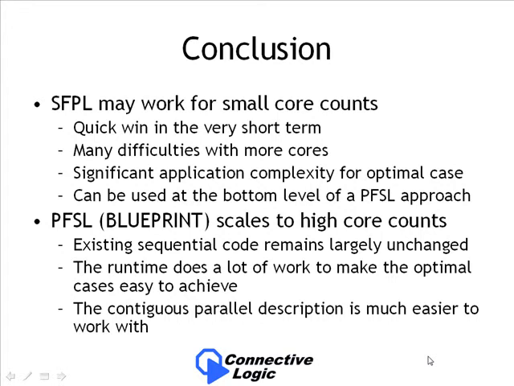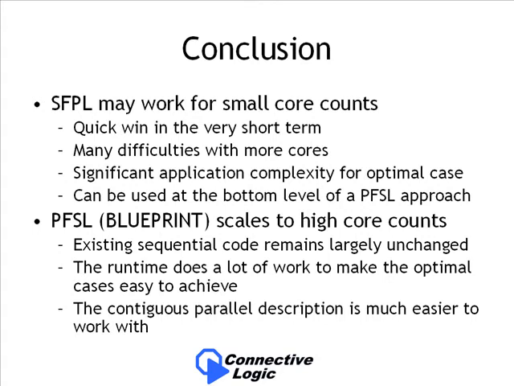So in conclusion, although the bottom-up approach may suffice for a small number of cores and provides a quick win in the short term, it runs into many difficulties as the core count increases, and application complexity must rise significantly to liberate all the potential concurrency.